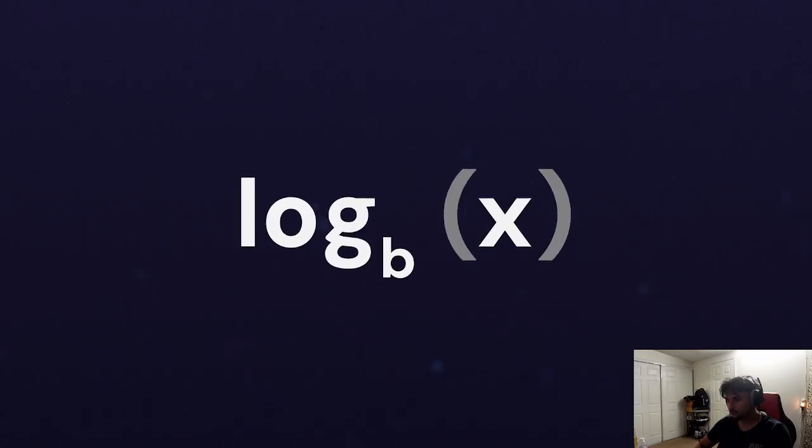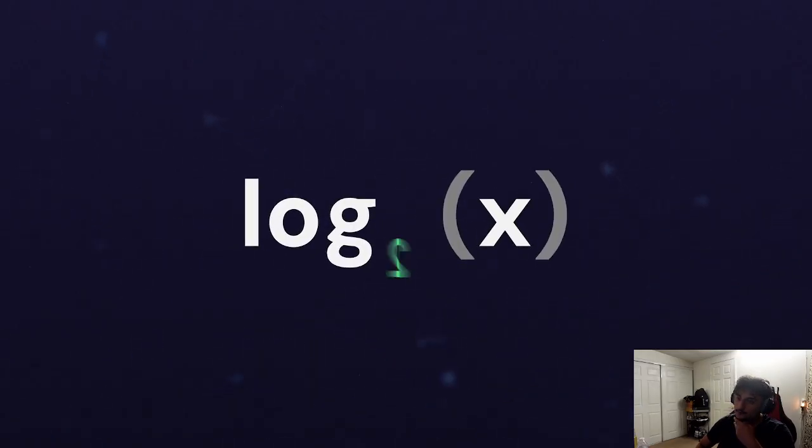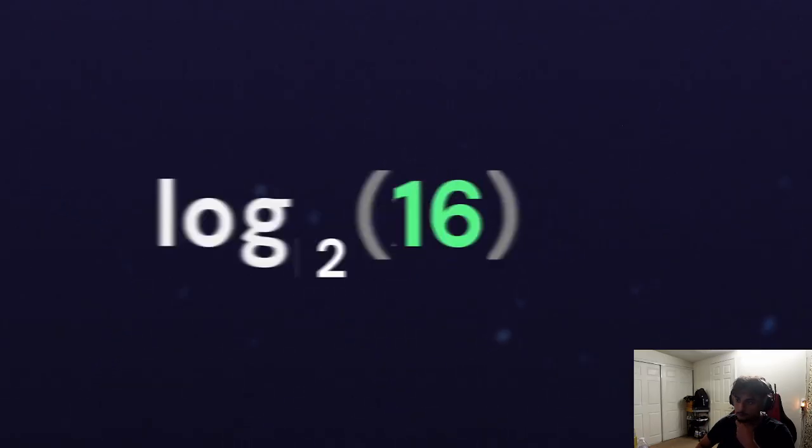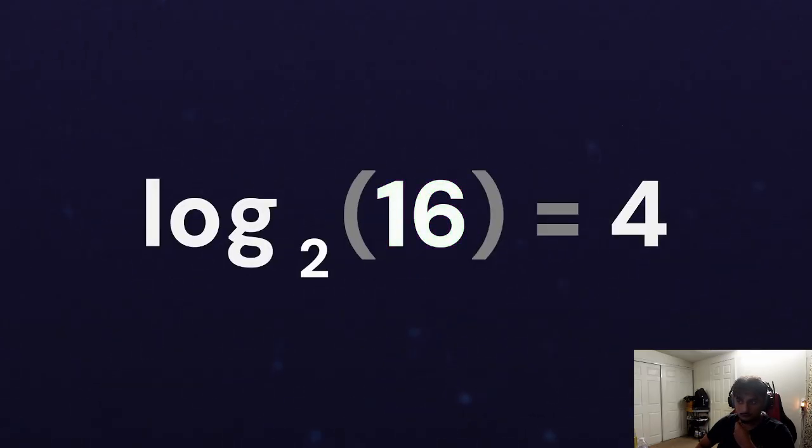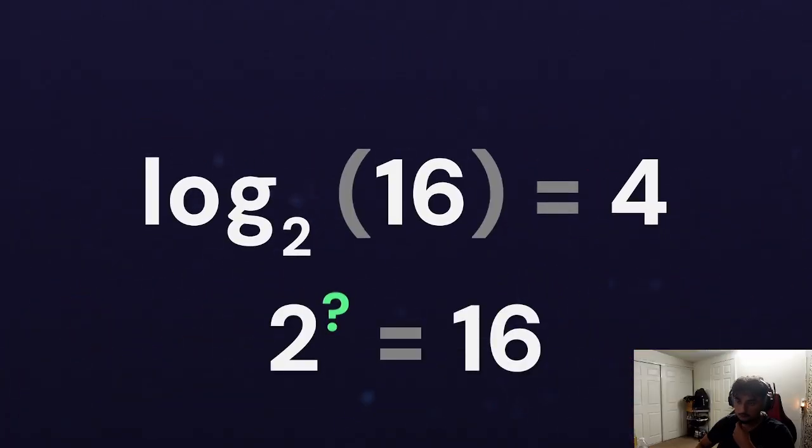Now, in mathematical notation, log base 2, the base is typically written in subscript, of 16 equals 4. That's how we read it in English. And what log base 2 of 16 really means, what I recommend you think of in your head, is what's the power that I need to raise 2 to get the result of 16?